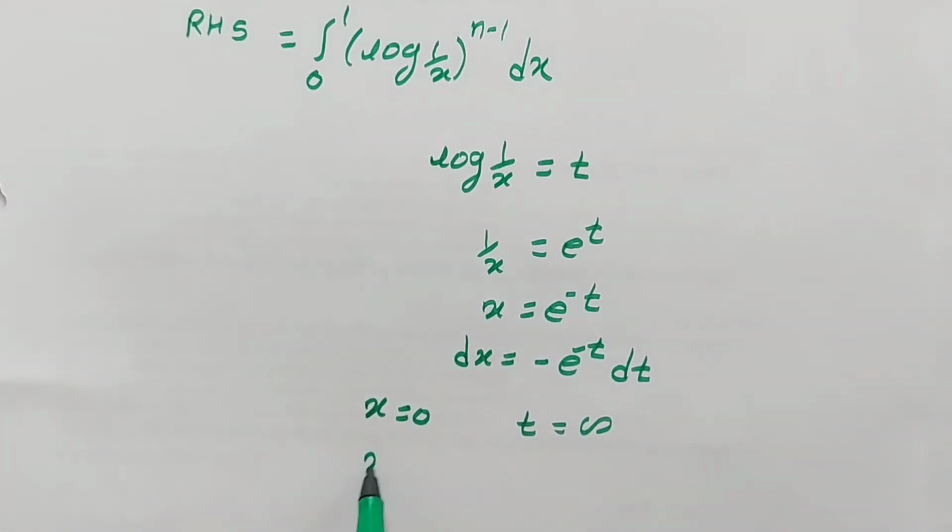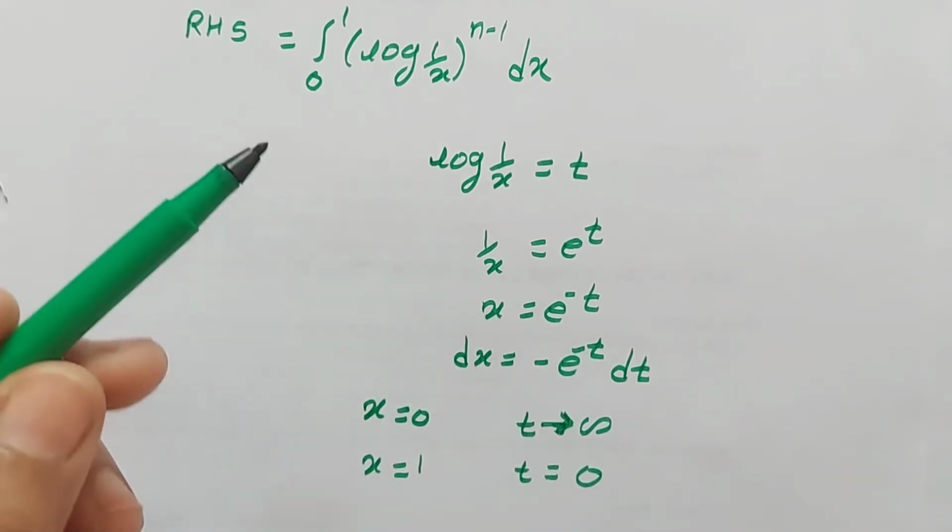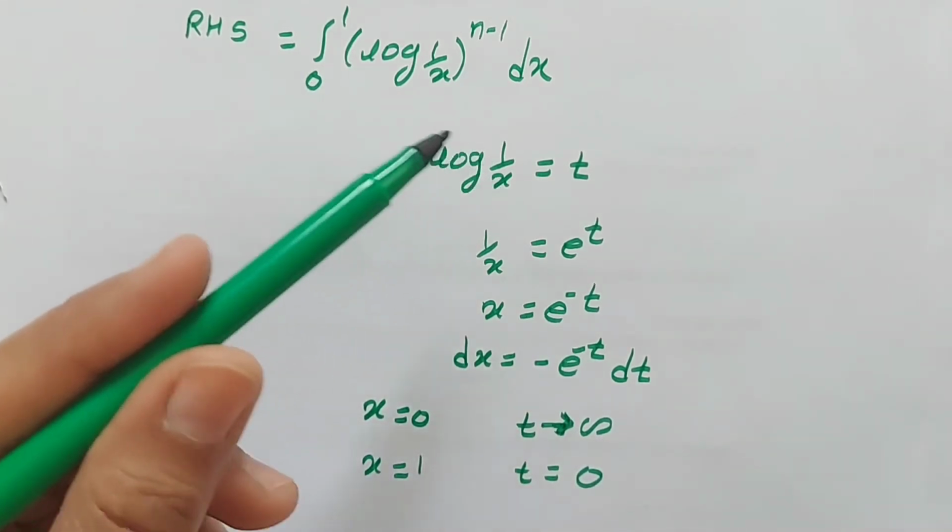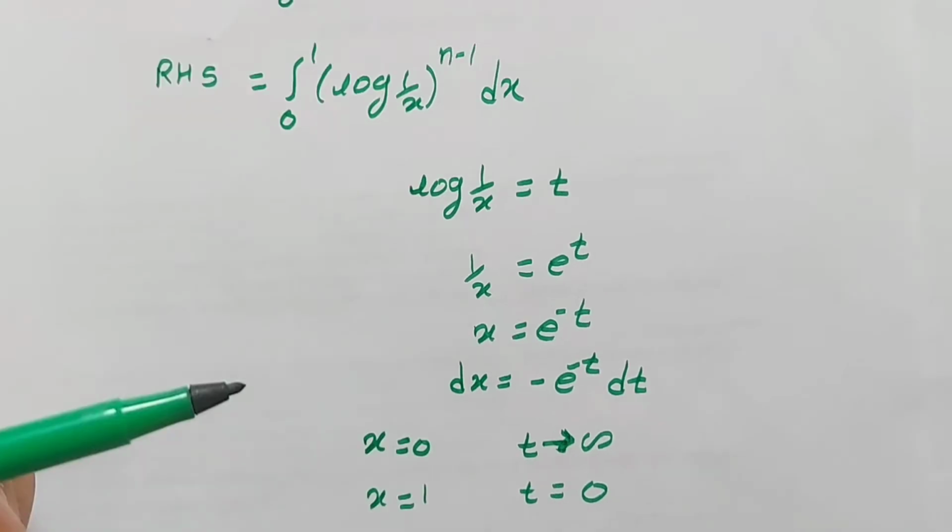So when x equals 1, we get t equals 0. Actually infinity is not a limit, so we are only saying t tends to infinity as x tends to 0.